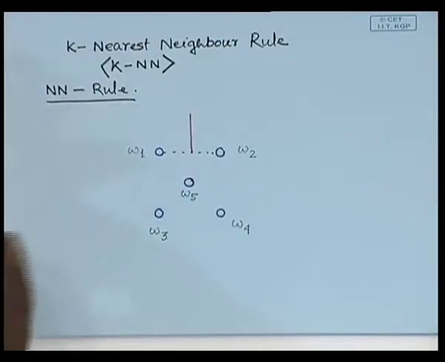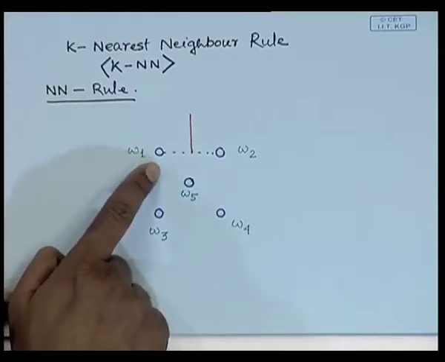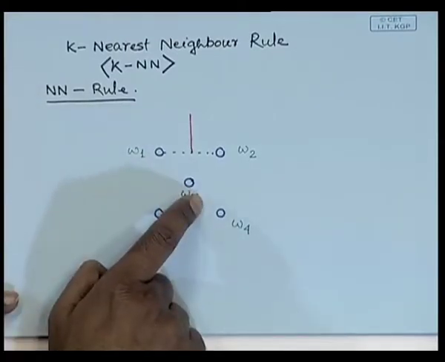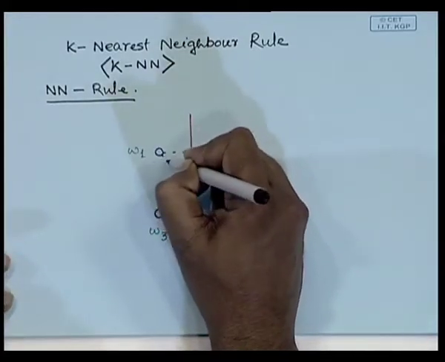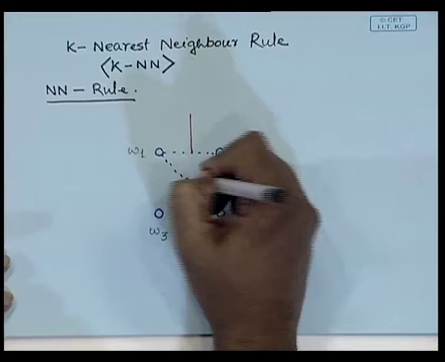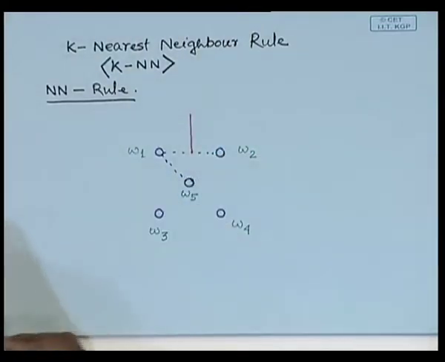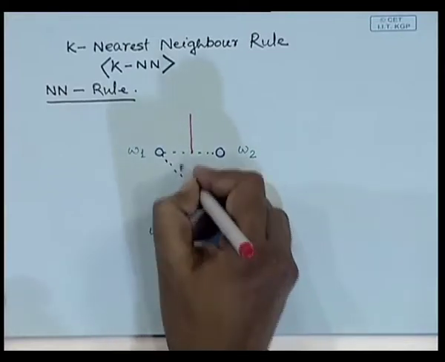Now, coming to the decision boundary between class omega 1 and omega 5, that will also be an orthogonal bisector of the line joining omega 1 and omega 5. So, this decision boundary will be simply this.